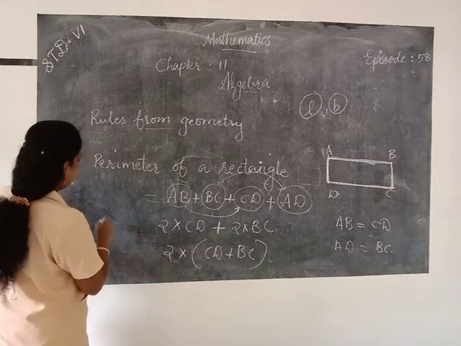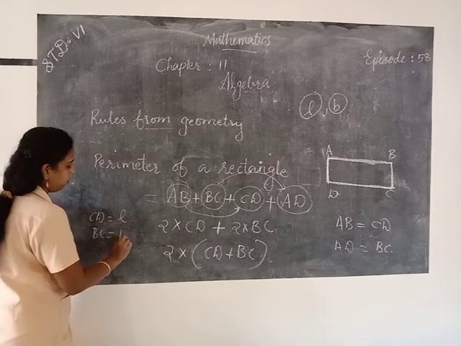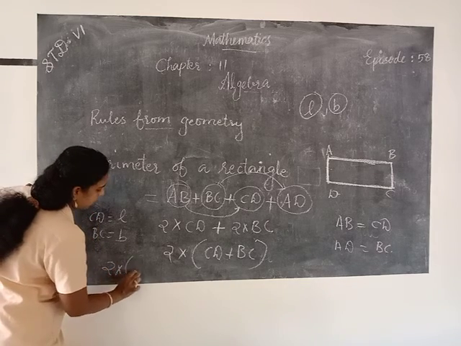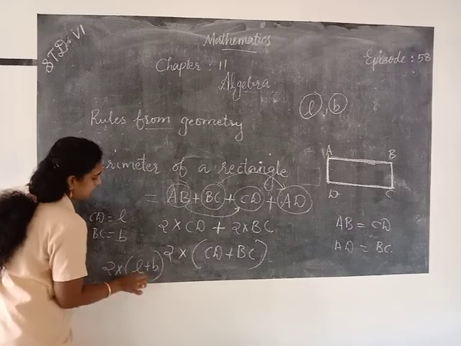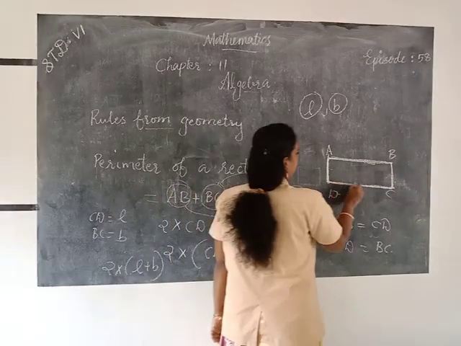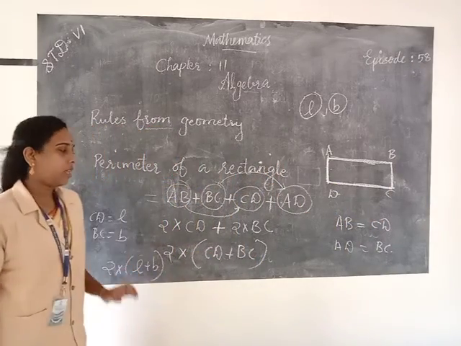So if CD is equal to L and BC is equal to B, then we can write the equation as 2 into L plus B. That is 2 into length plus breadth. So CD is the length of the rectangle and BC is the breadth of the rectangle.